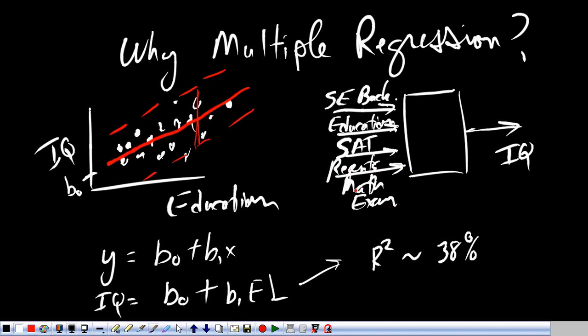We want to add these other variables into the model. So what does that actually look like? Well, instead of having a form that looks like this, y equals b0 plus b1x, we're simply going to add a bunch of new constants and a bunch of new x's into it.